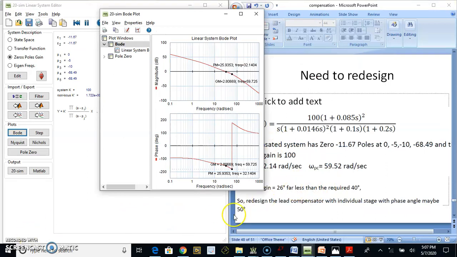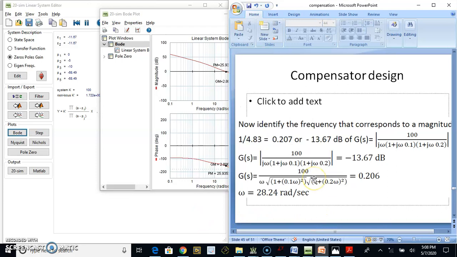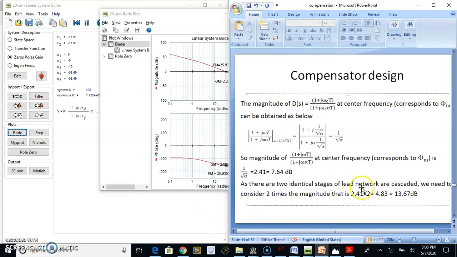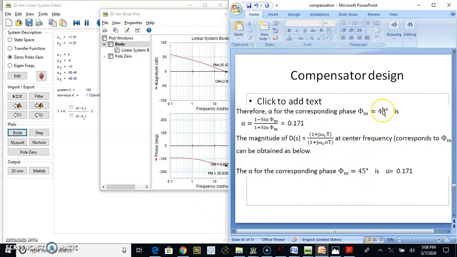So what we can do is redesign the entire process by considering the individual phase. Instead of considering this as 45 degrees, we can consider it as 50 or 55 degrees, so that we can get close to the required 40 degree phase margin from the overall cascaded system.